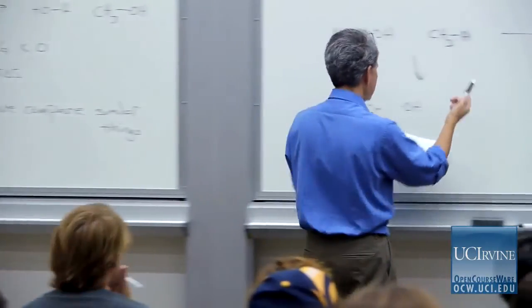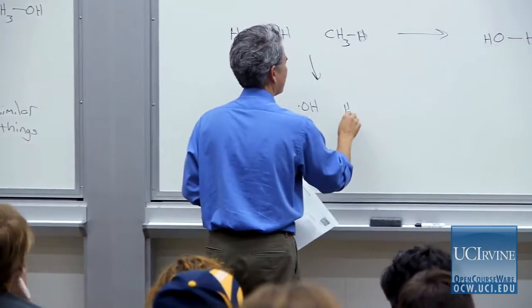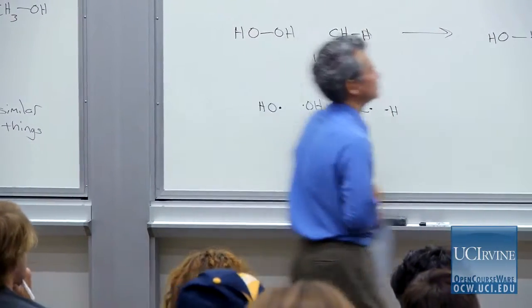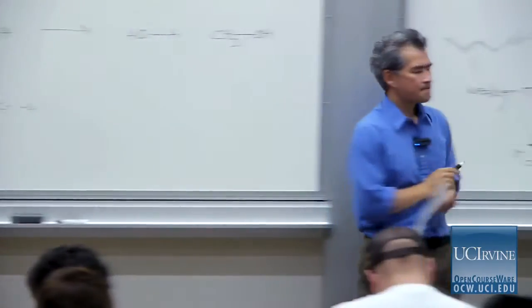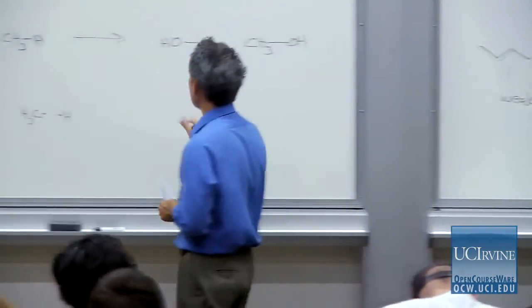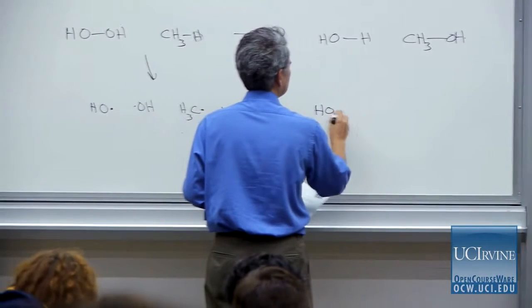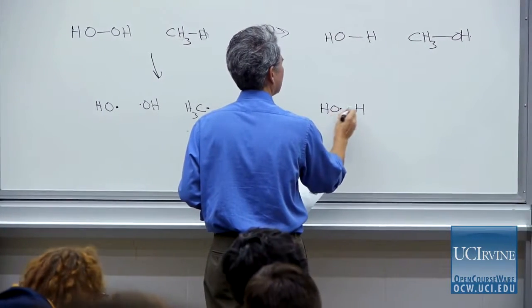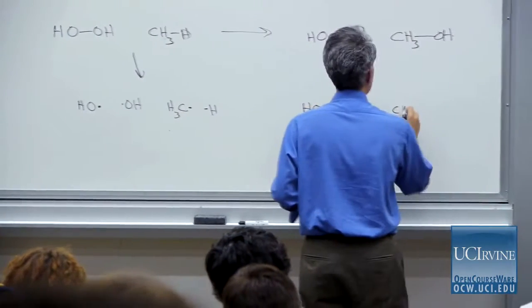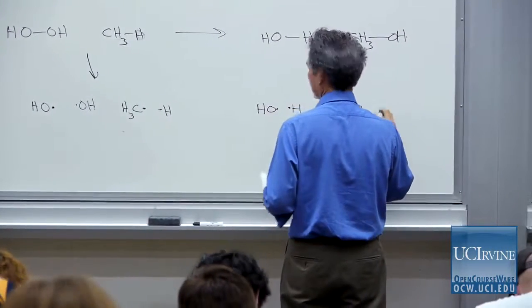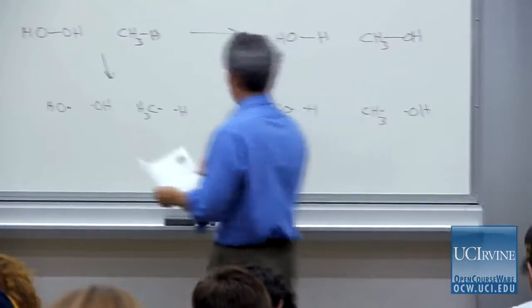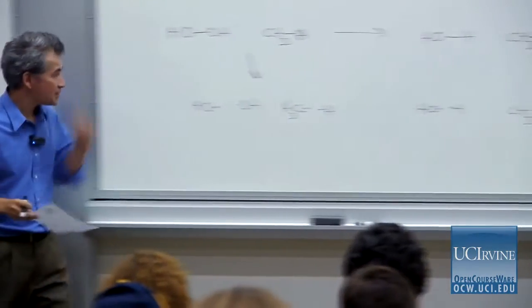I have a reasonable idea about what it costs to break a C-H bond to give two radicals. And I also have a reasonable idea about what it takes to break this water O-H bond to give two radicals. And I'm just going to continue on with this idea here, and I hope I'm getting my pieces right.